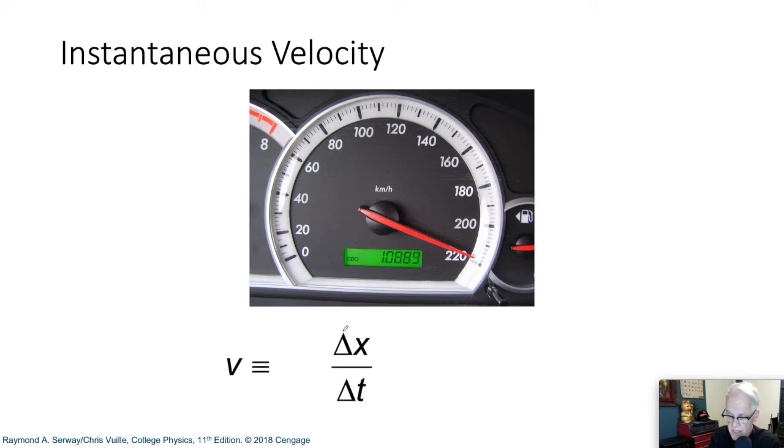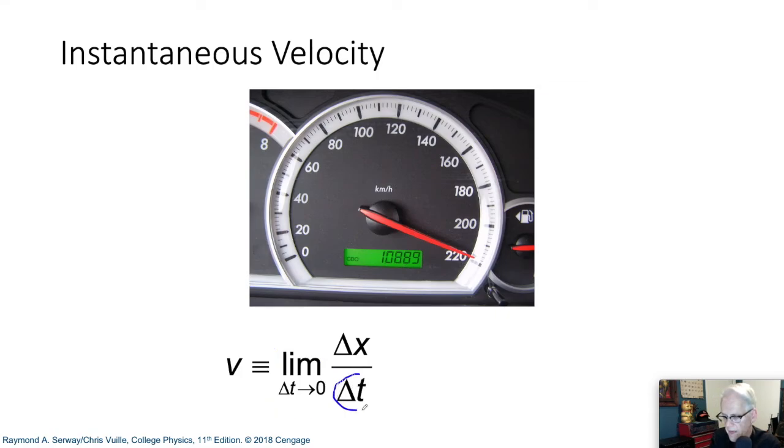So instantaneous velocity is somewhat similar to average velocity in that it's the displacement over the time interval. The difference is that we are going to take this time interval and make it really, really small. That's what we mean by the limit as delta x goes to 0.